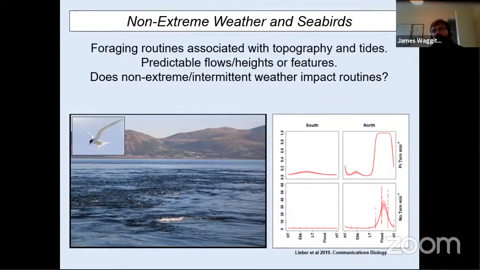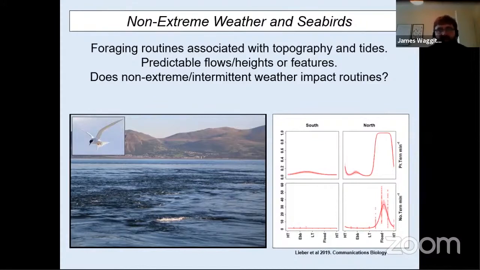We're all very aware, and it's quite obvious, that bad storms have bad impacts. But what about these day-to-day variations in wind and rain? They're not particularly wet or strong, but it's slightly wetter or slightly stronger. And birds need to cope with these daily variations in order to successfully find food.